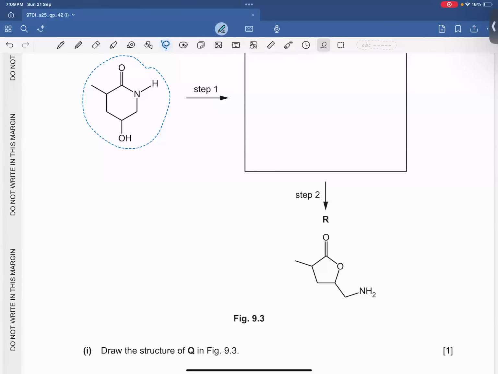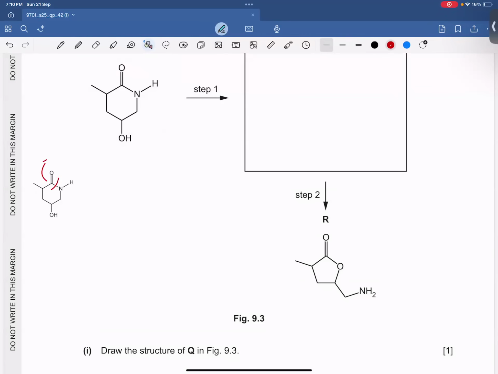During hydrolysis, the carbon-nitrogen bond is broken.